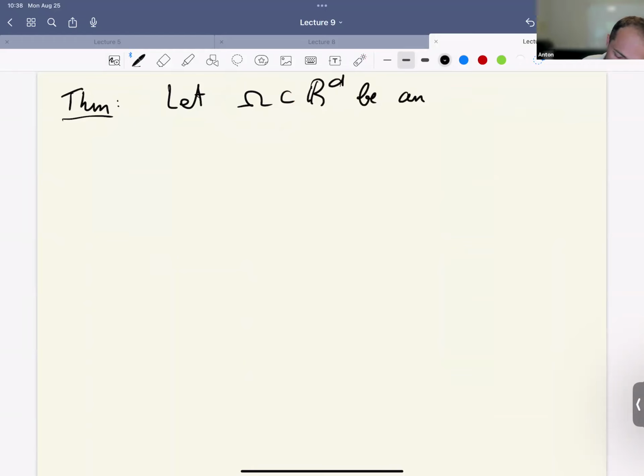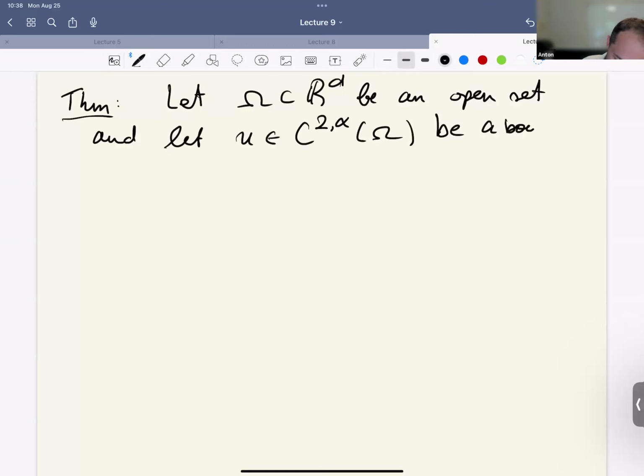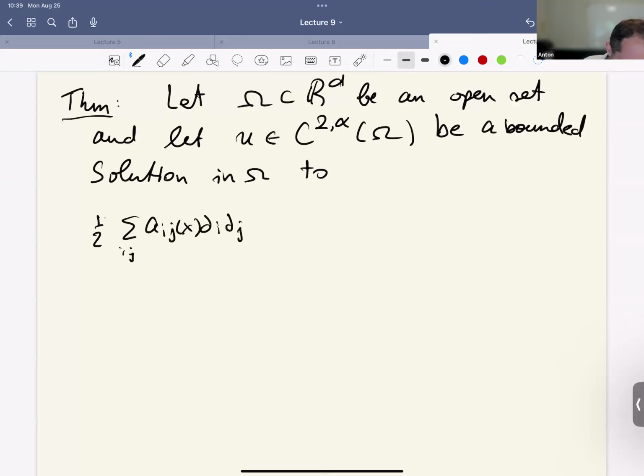So let omega be an open set, and let u be in C^{2,alpha}, a bounded solution in omega to 1/2 the sum over i, j of a_ij of x, partial i partial j u of x. This is the Poisson equation.